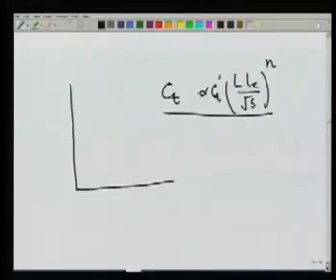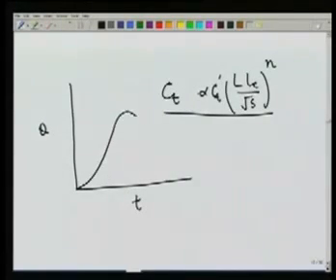Now, synthetic unit hydrograph or instantaneous unit hydrograph or a regular unit hydrograph, these all give us how the discharge varies with time. Based on these UH, we can derive the DRH.